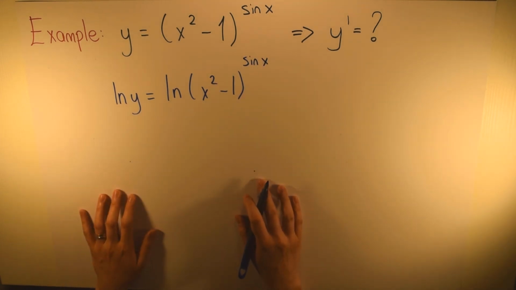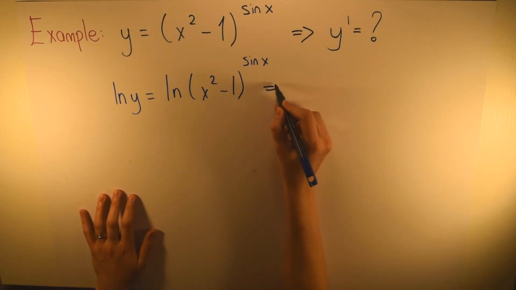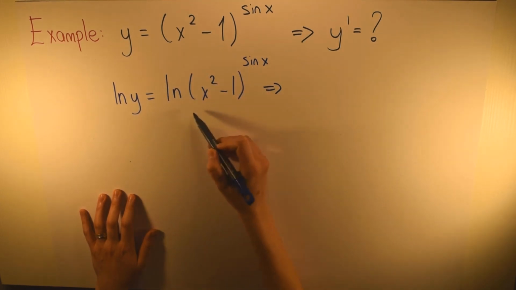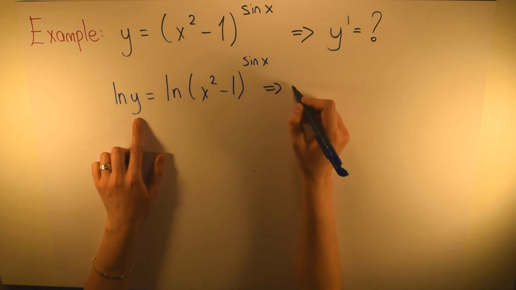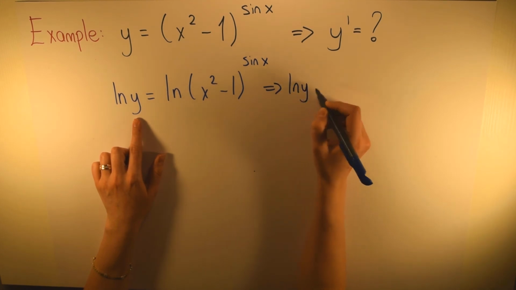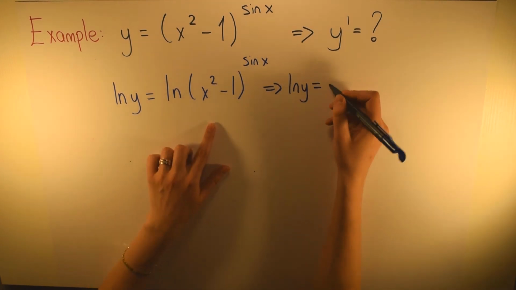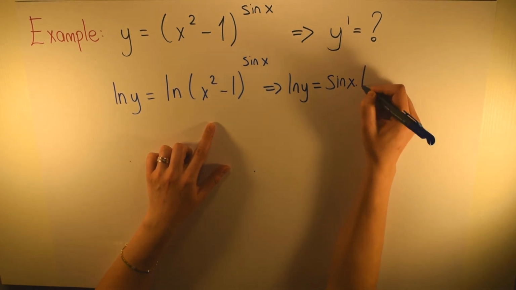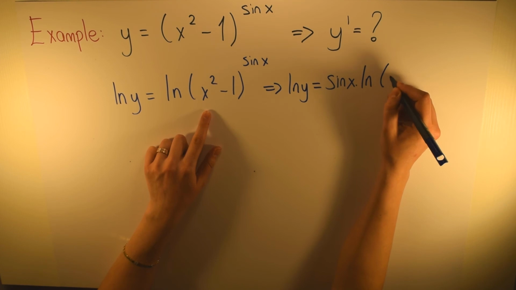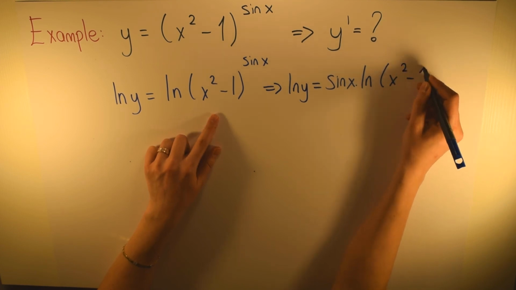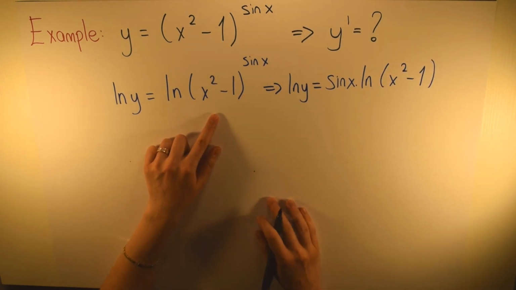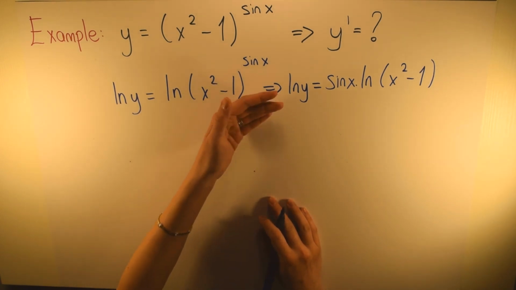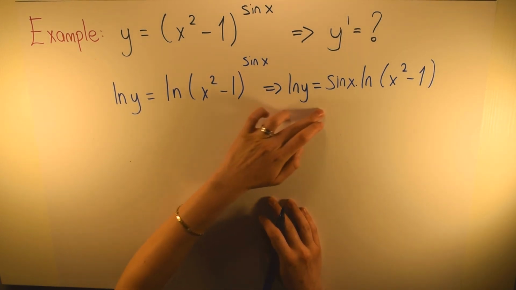After that, as we said before, I can put this sine x in front of this ln function. Here we will have ln y is equal to sine x times natural logarithm of x squared minus 1. After this we can take derivative of both sides.